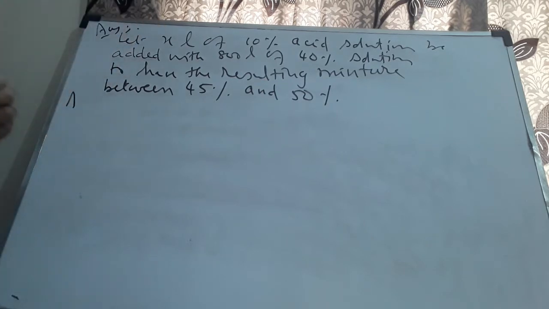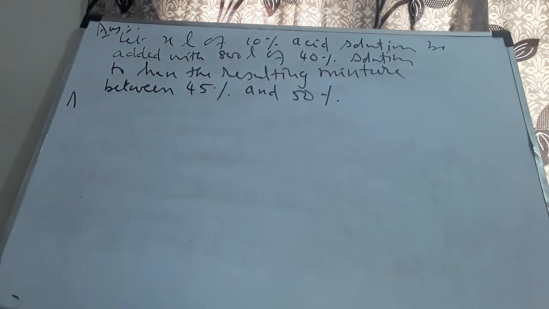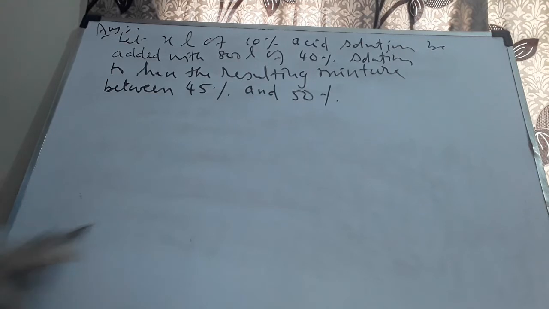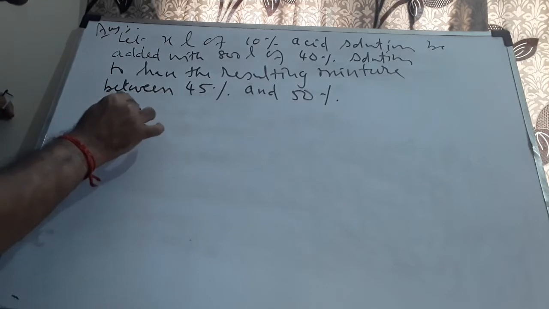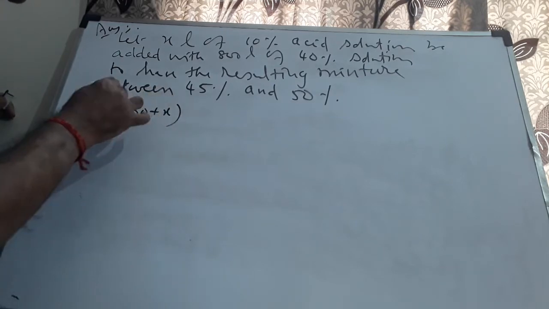This is my assumption. I call it as x liters. I assume it to be x liters. Now, how do I write this? Total amount available is 800 plus x.